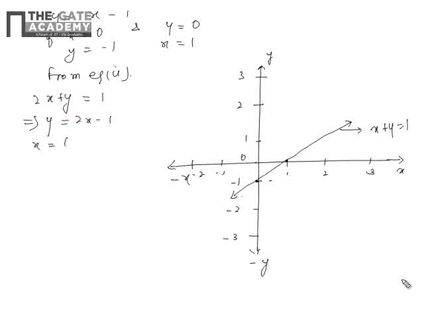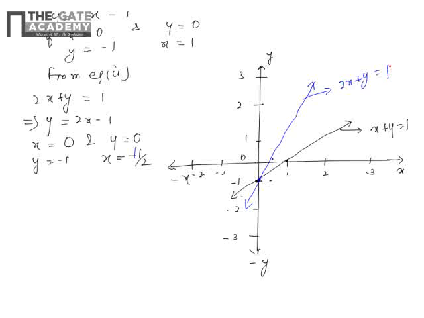If I put x equals 0, y will become minus 1 again, and if I put y equals 0, x will become 1 by 2. So this point remains the same, and for y equals 0, it will be 1 by 2, somewhat here. So the line will look like this. This line is 2x plus y equals 1.